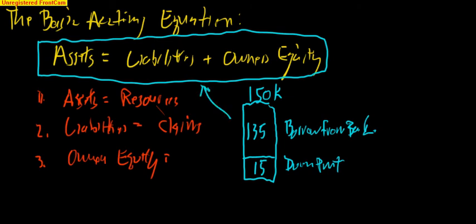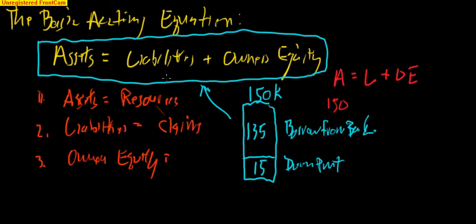Assets equals liabilities plus owner's equity. If we were to prepare a balance sheet for you, based on this example, your assets are what? They are $150,000.